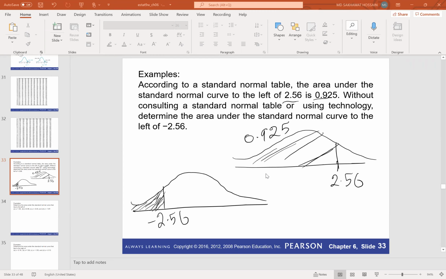Okay, I can just give you one more piece of information. We know that the standard normal distribution is symmetric, right? So the area on the right side of 2.56 will be equal to this area. I think now you can find the area on the left side of negative 2.56, right?